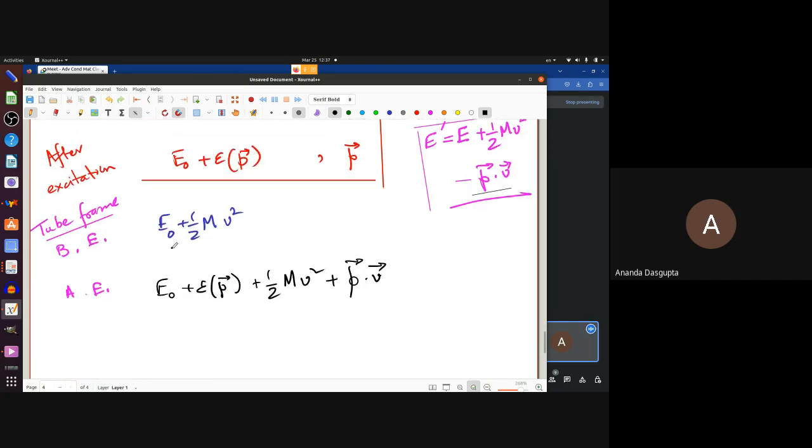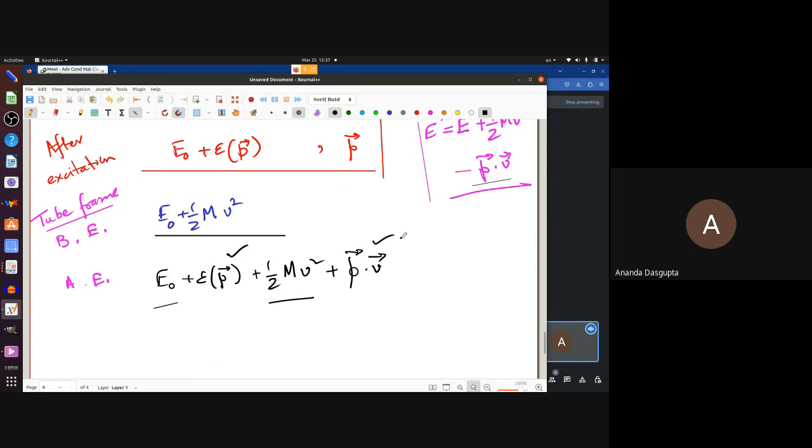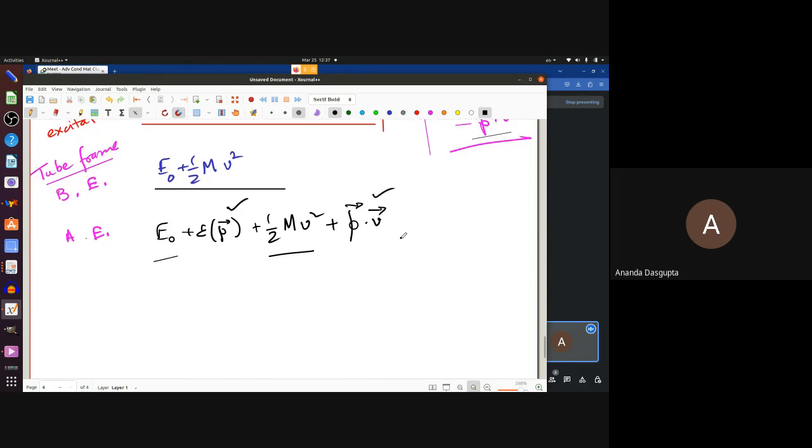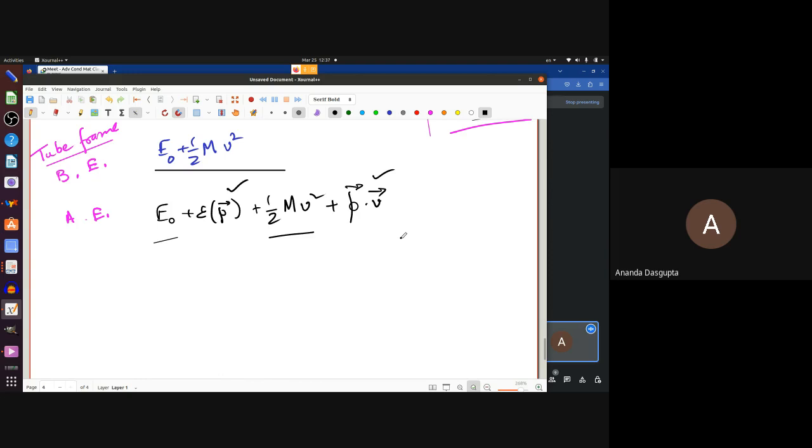In the tube frame, before excitation, you had this. After excitation, you have E0 and half mv square, but you have this and this extra. So how much is the change in energy because of the excitation as seen in the tube frame? That's simply epsilon P plus P dot V. Right?